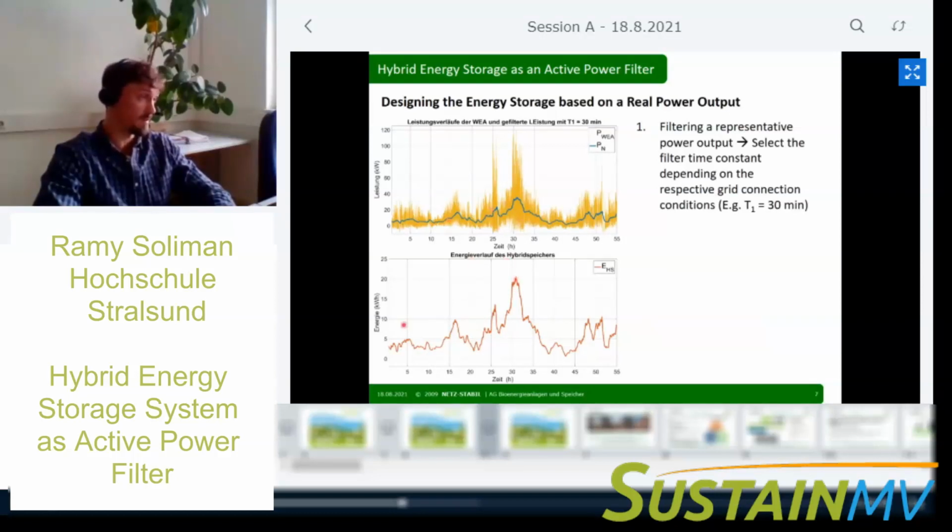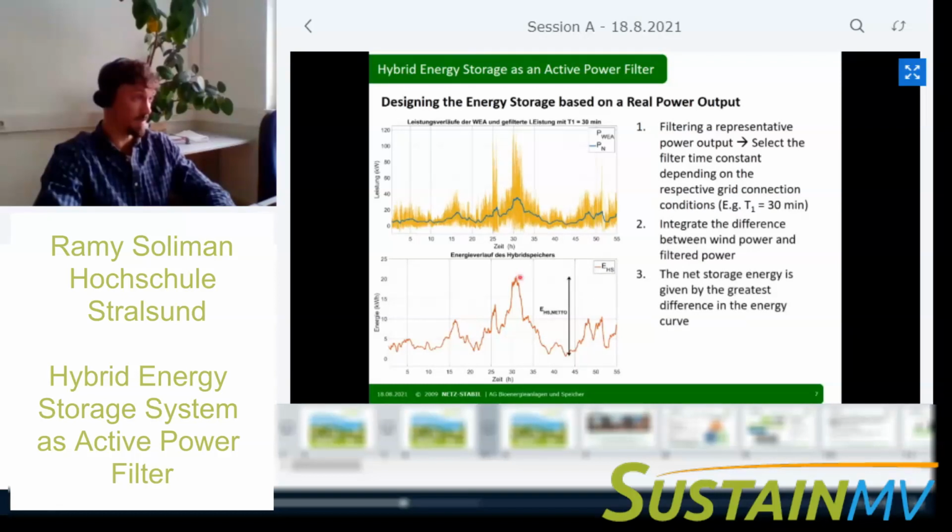So this is not power, it's energy in kilowatt hours. If we want to provide this blue curve, we always have to look at the maximum to the minimum, that's about 20 kilowatt hours.